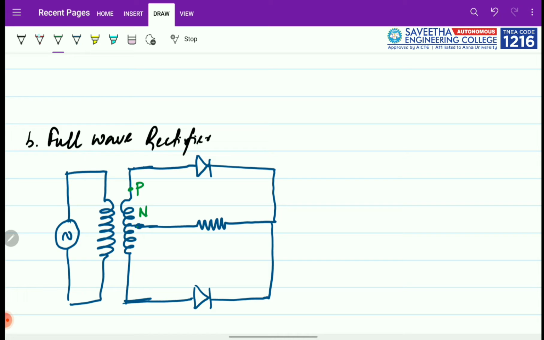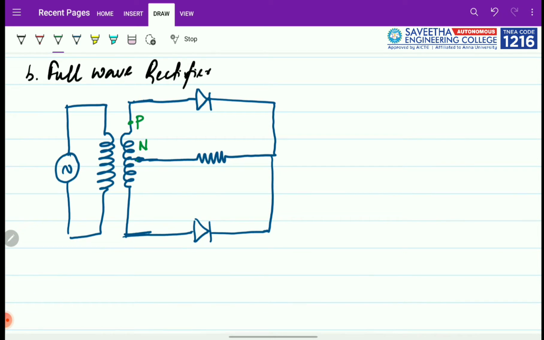And during the second half cycle, let me tell you how the current travels. In the positive half cycle, I'll take the input as something like this. The current here, because this is positive, the anode is also positive and the cathode is at the lower terminal, so the current goes in this direction.